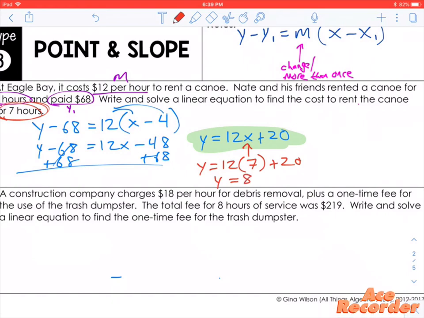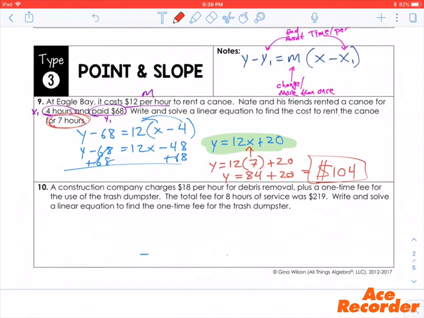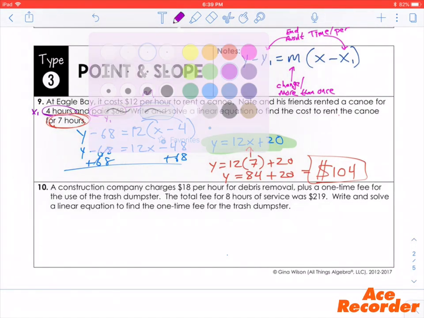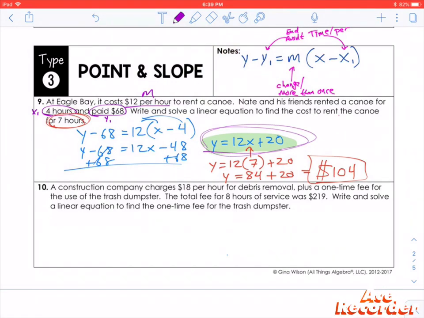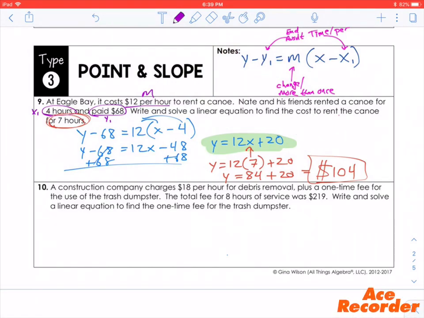And so that's 84 plus 20, which is $104. There we go. So you don't have to solve like we did here, but it just makes it a little easier and simpler to manage.